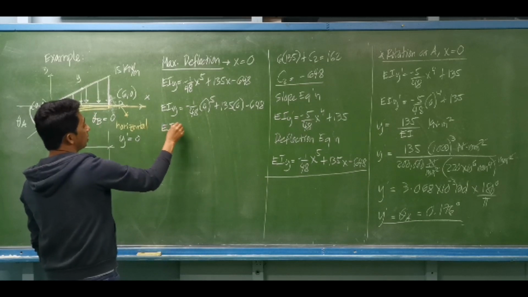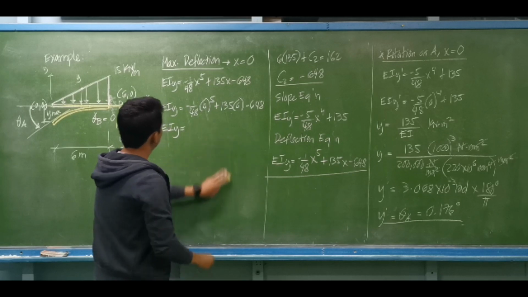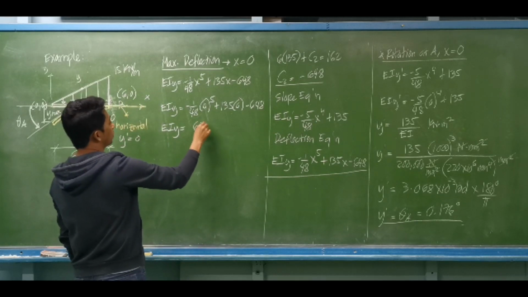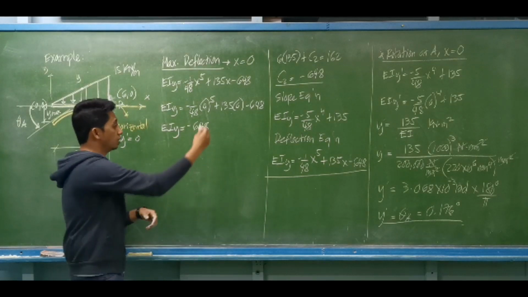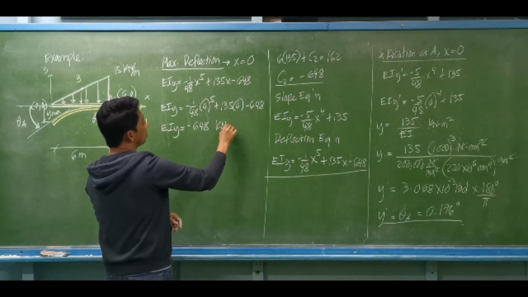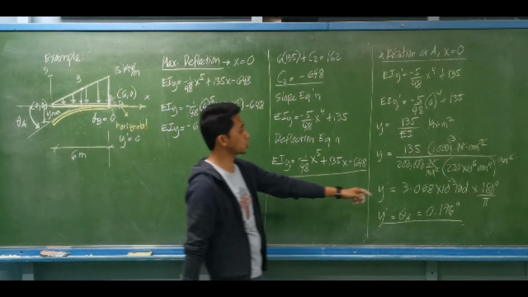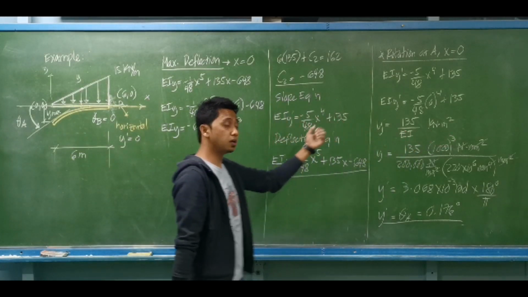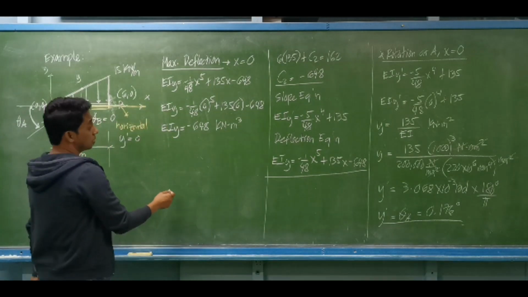We have EIy equal to negative 648. And the unit kapag deflection on this side, this is kilonewton meter cube. So from the slope, meter squared, on the deflection, meter cube, since you integrate for the second time.